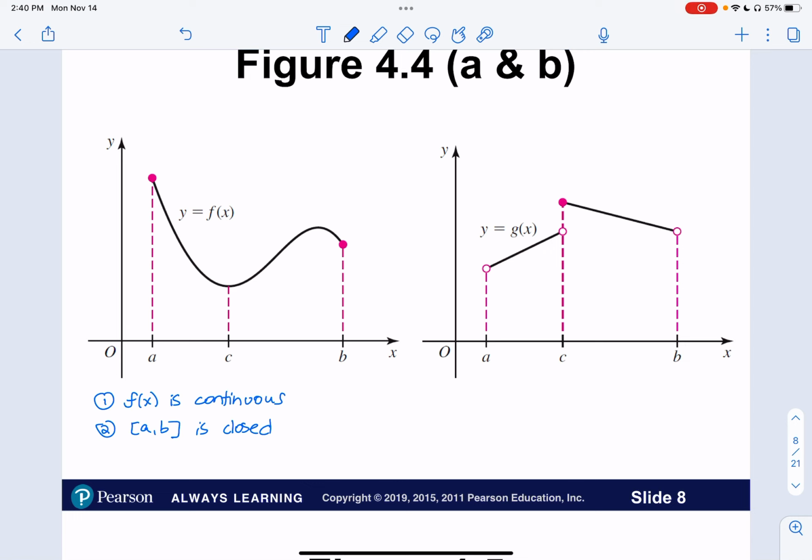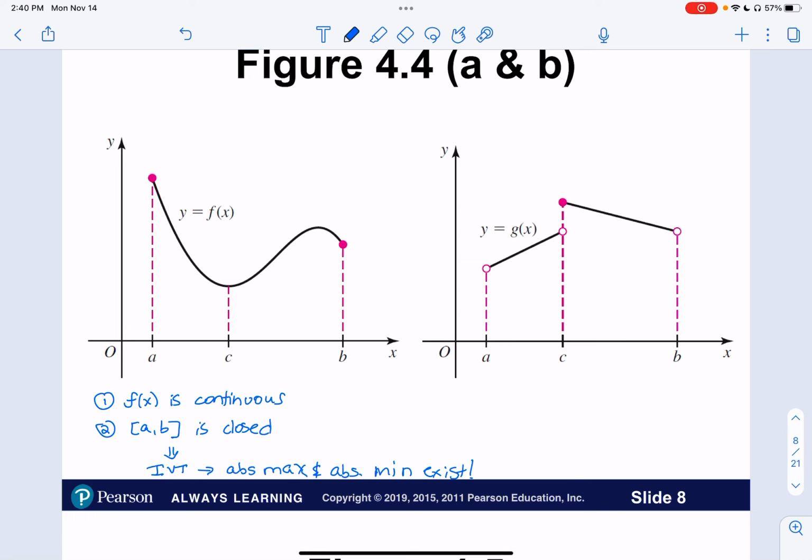So by the extreme value theorem, there must be an absolute maximum here, and there must be an absolute minimum here. So according to the theorem, absolute max and absolute min exist.